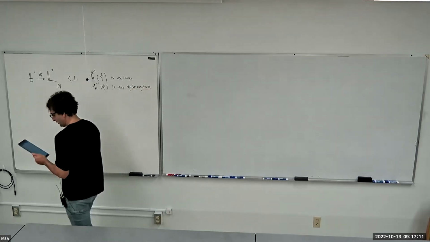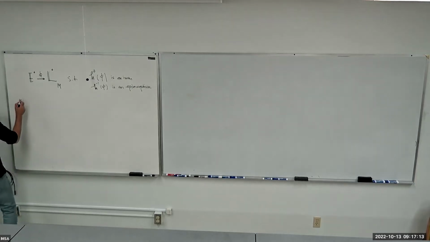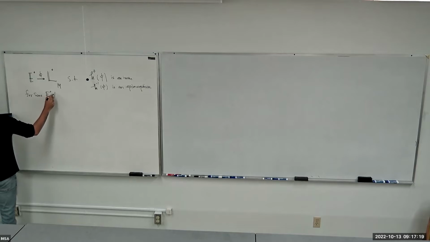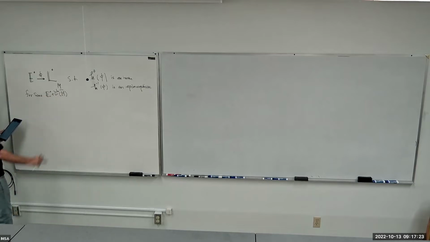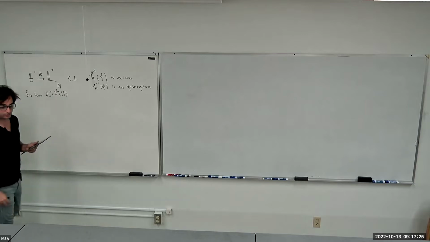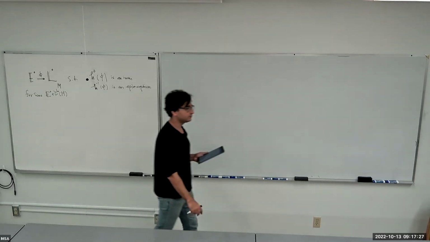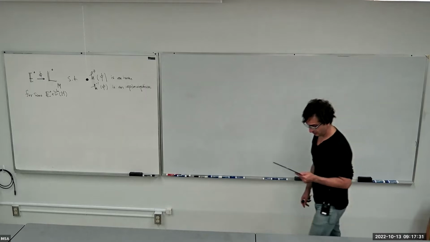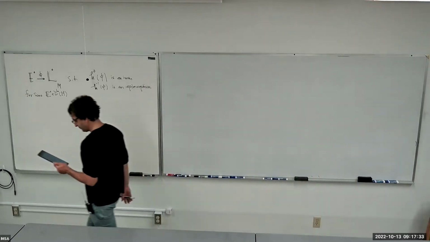Okay. So it's for some E dot in the bounded derived category of that space. All right, now whatever that space is, if it is a variety, if it is a scheme, if it is anything you want.